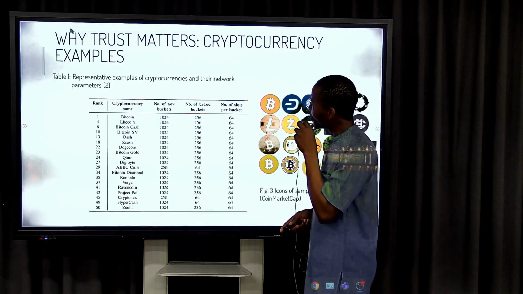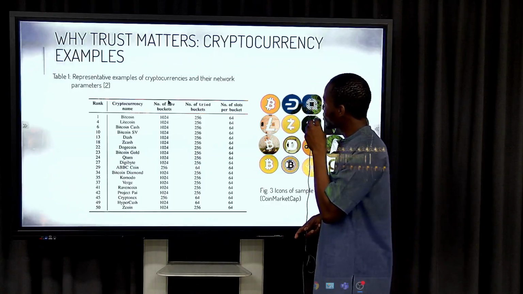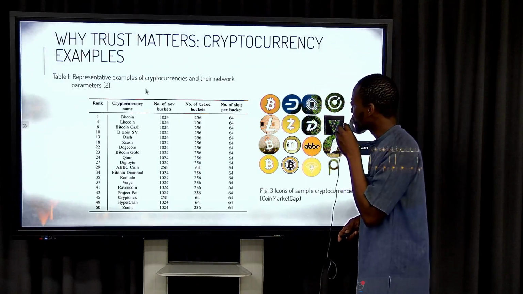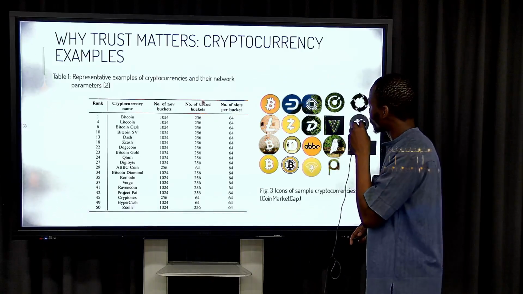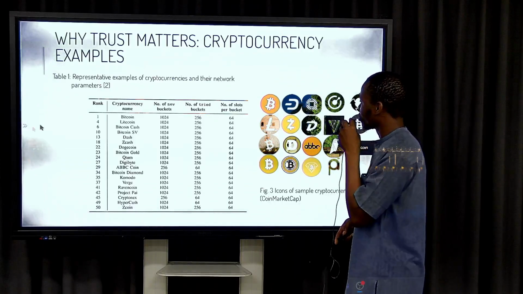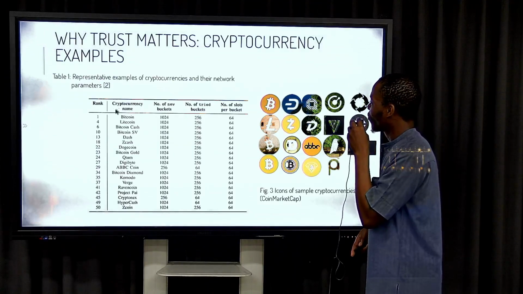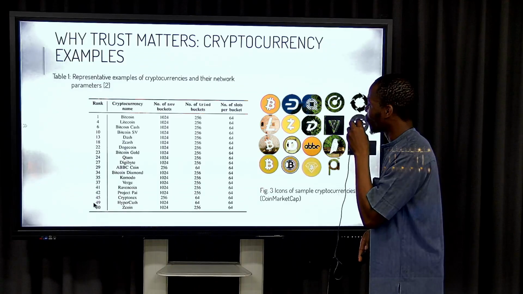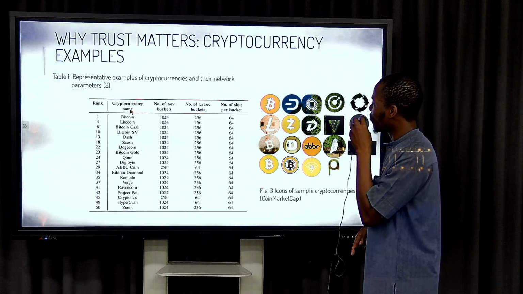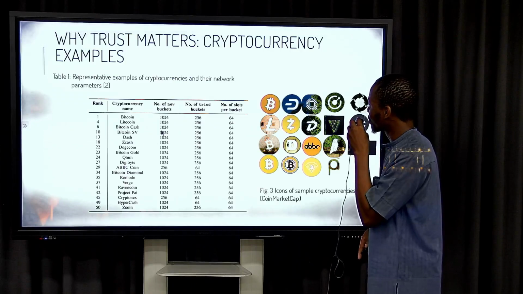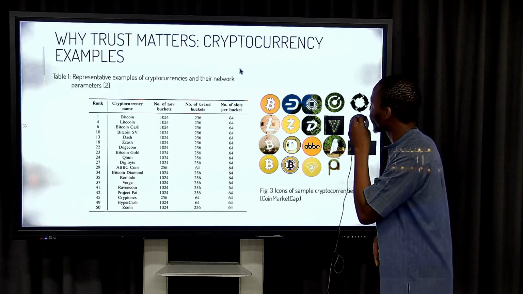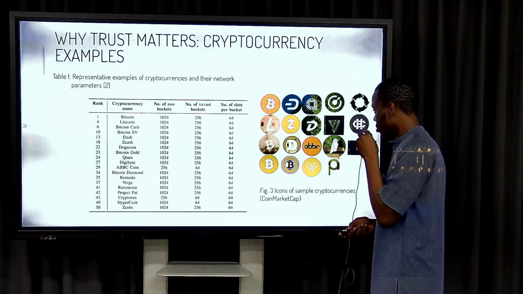From these cryptos, we have different technical terms like buckets, tried buckets, and slots per bucket. You can see from this research that was conducted, all of them have different rankings, different names, different buckets, different tried buckets, and different slots per bucket.